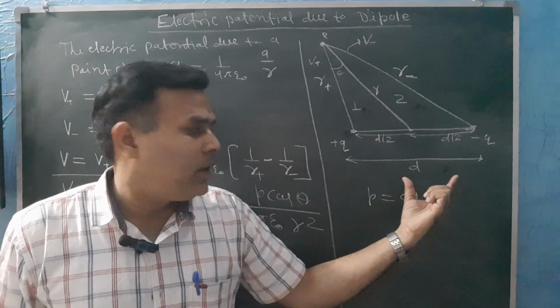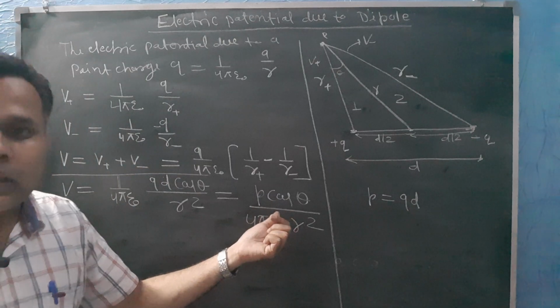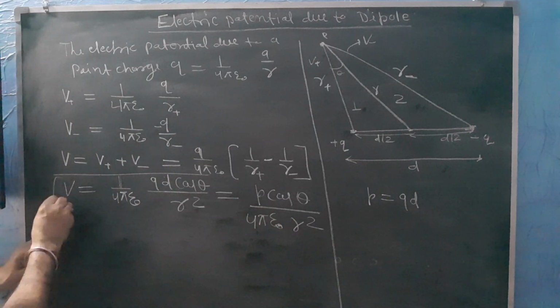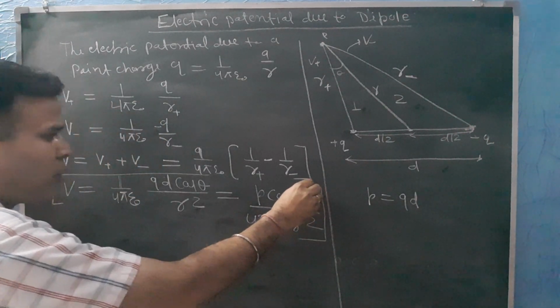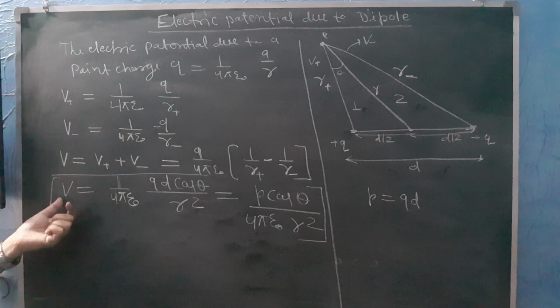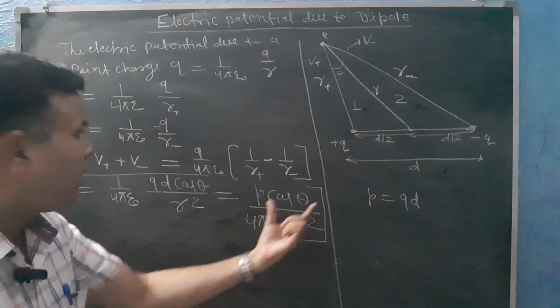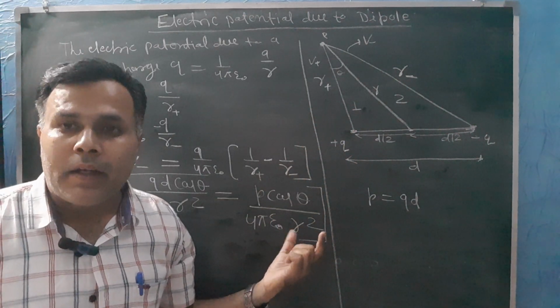If we have a separation of 2d, then we have a different expression. So please mind it. This is very important information about the potential, that our choice of expression of potential is different depending upon the situation. So this is the final potential profile due to this dipole arrangement, which is a function of r and theta.